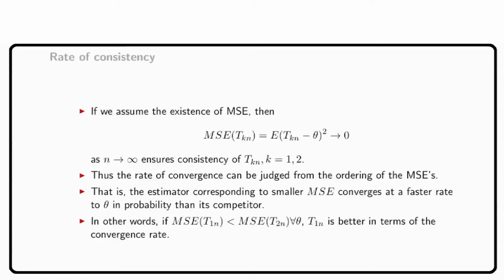Thus, the rate of convergence can be judged from the ordering of MSEs, that is, the estimator corresponding to the smaller MSE converges at a faster rate to theta in probability than its competitor. In other words, if MSE of T1n is less than MSE of T2n for all theta, T1n is better in terms of the converging rate. But again, such a comparison involves huge calculation and hence lacks practical feasibility.